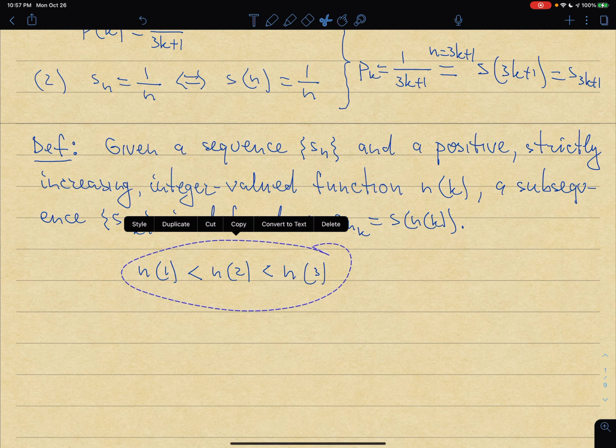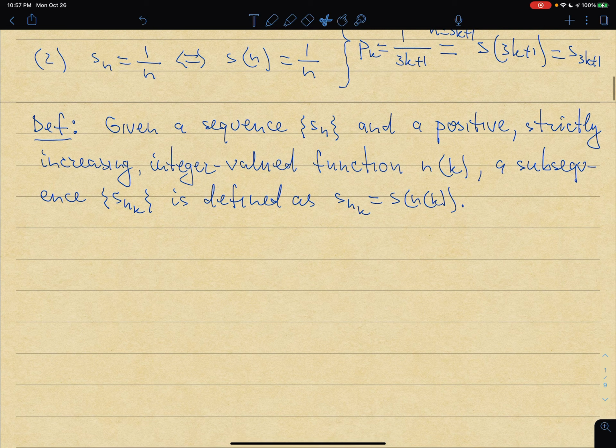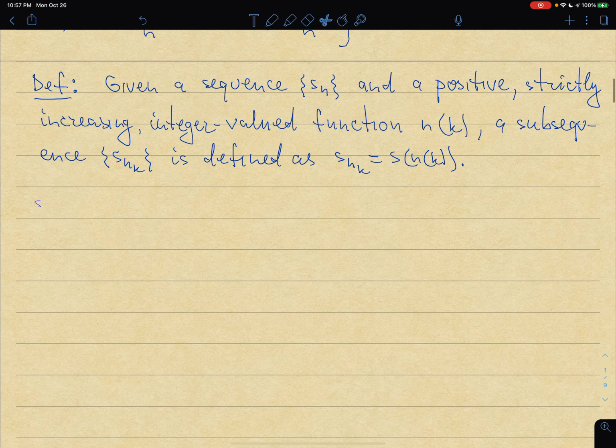So let's get rid of this. More examples. Let's say I have a sequence S_n equal to minus 1 to the power n.